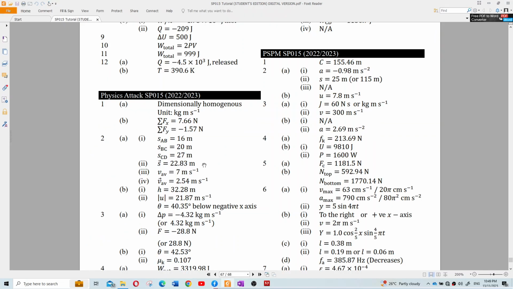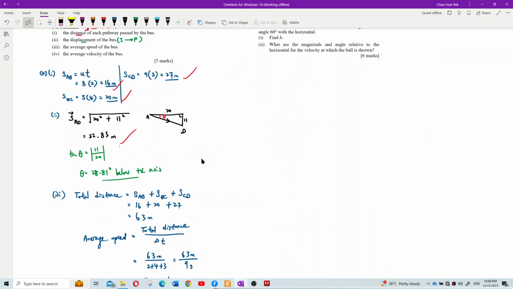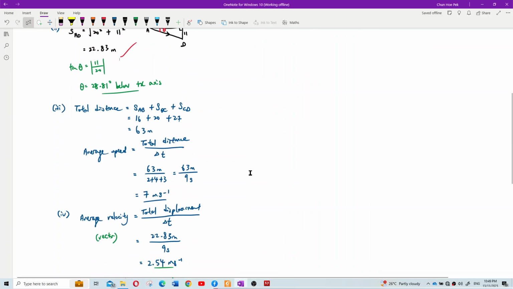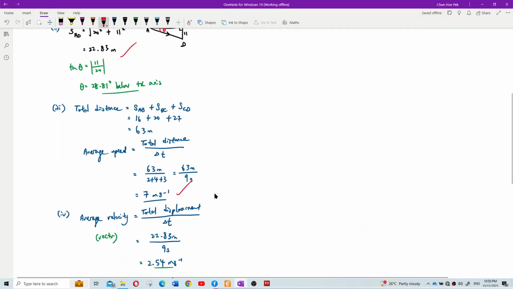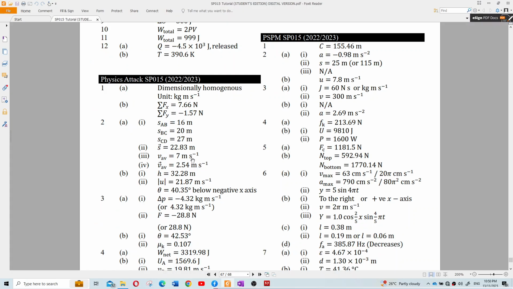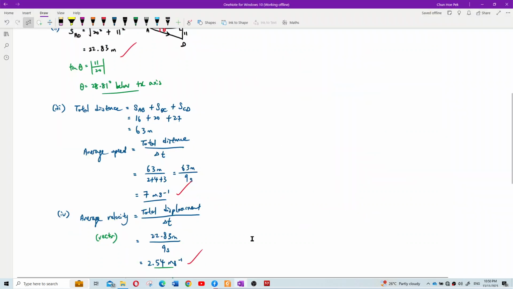Then average speed 7 meters per second. Yeah. And then average velocity is 2.54 meters per second. Yes, that's right.